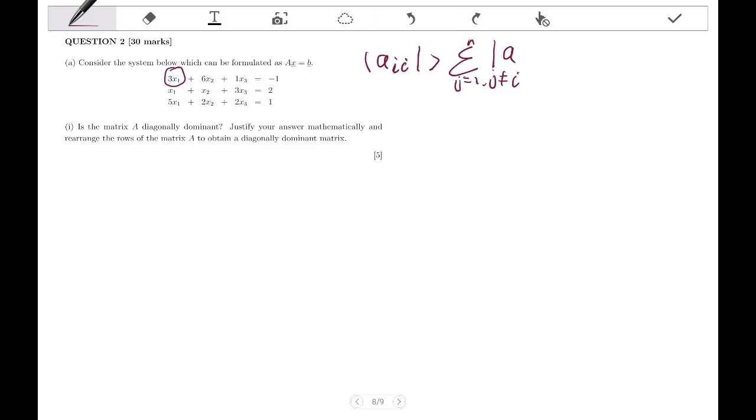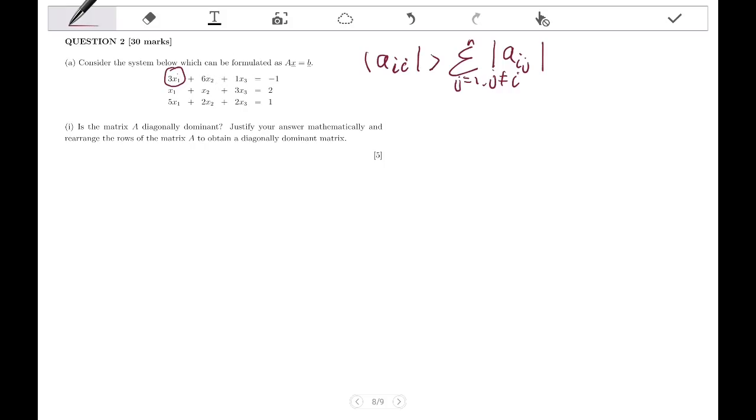So if you find that the absolute value of the coefficient of the first variable, x1, is greater than the sum of the absolute values of the other elements, then you will say that the matrix is diagonally dominant.